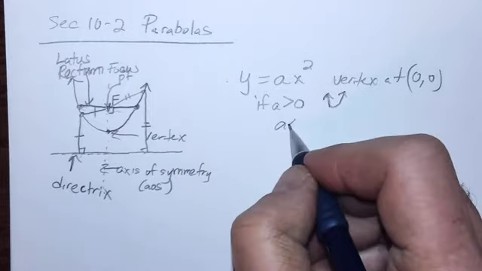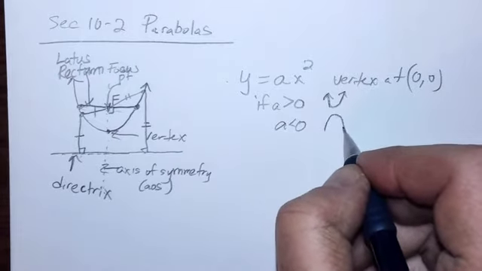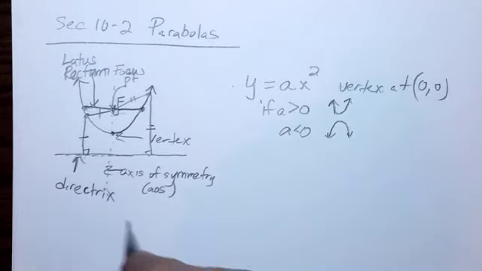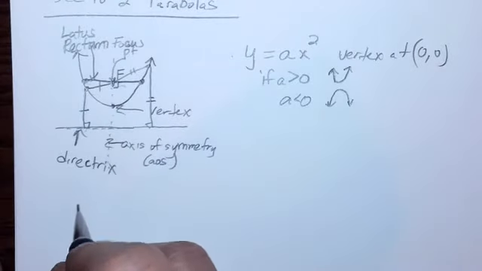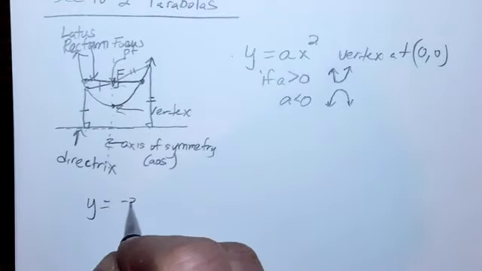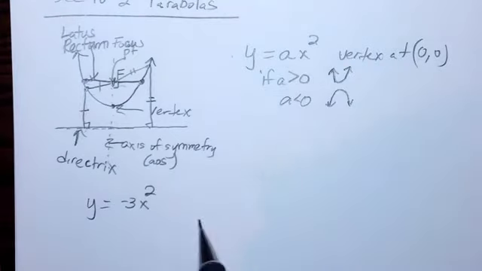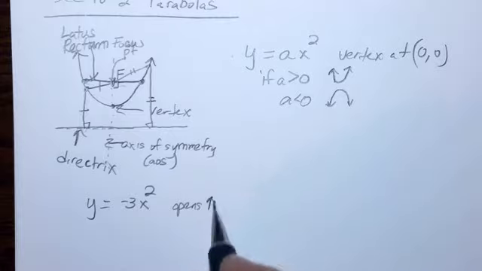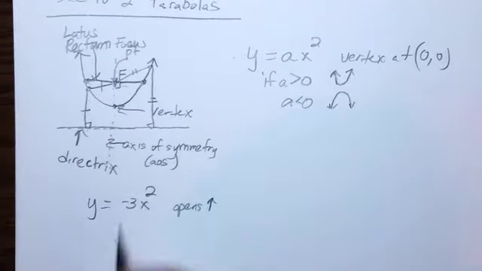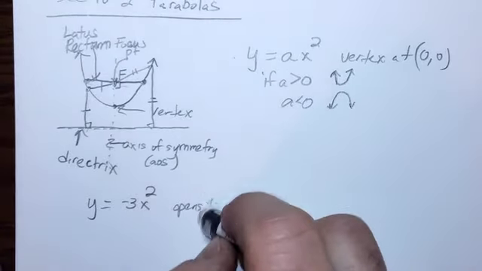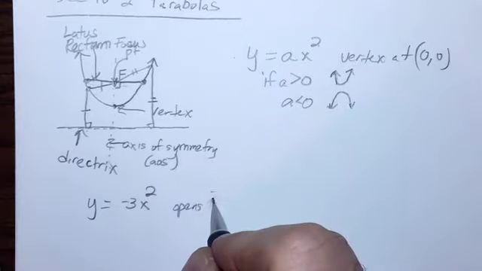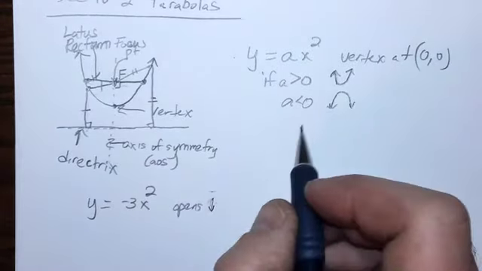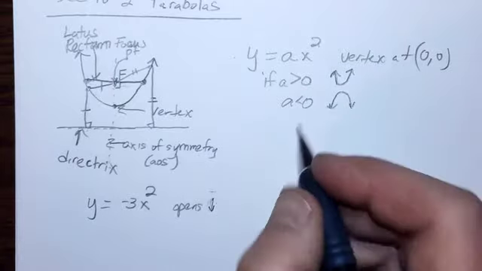If a is less than 0, the parabola opens down. So for instance, if I had y equals minus 3x squared, I know that this parabola opens up. Excuse me, because that's negative, what I was thinking, it opens down. This is a parabola that opens up or down.